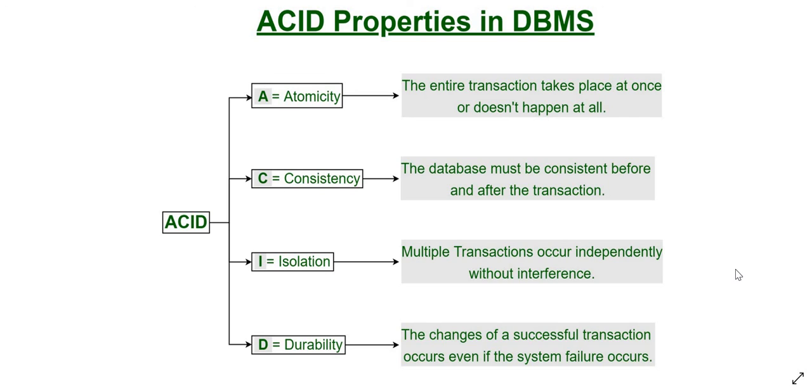It should not be that when you check another time, it is not there. It says that the change of a successful transaction persists even if a system failure occurs. So this is what durability does in the ACID properties.